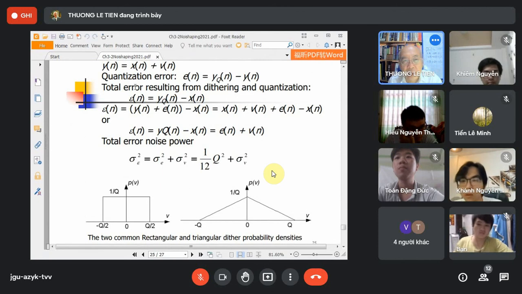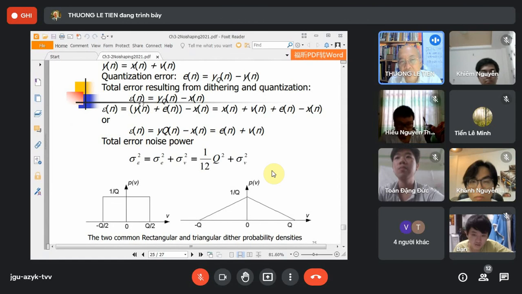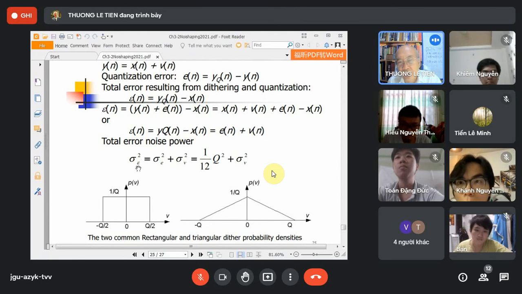And the quantization error will be E_n equal to this. The total error resulting from jitter and quantization, we get this one. We work out the total error noise power equal to this.